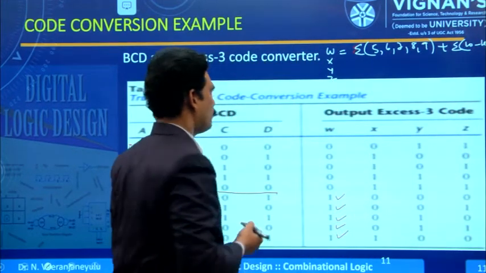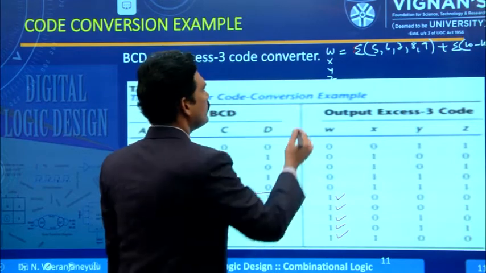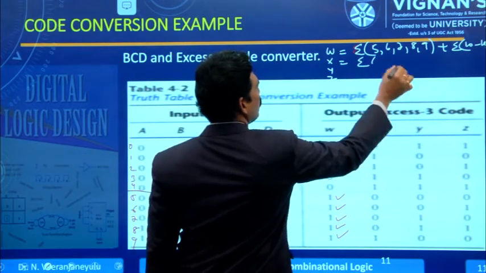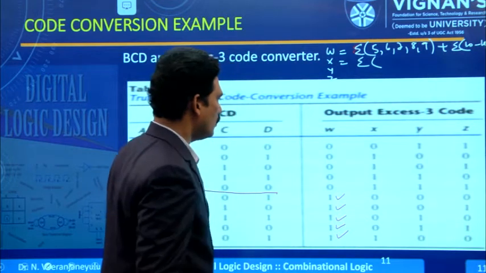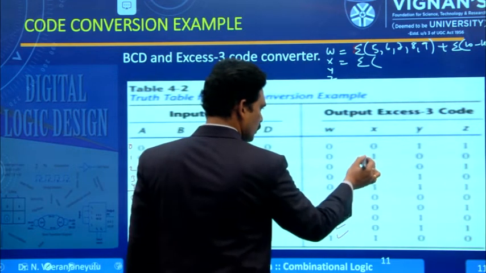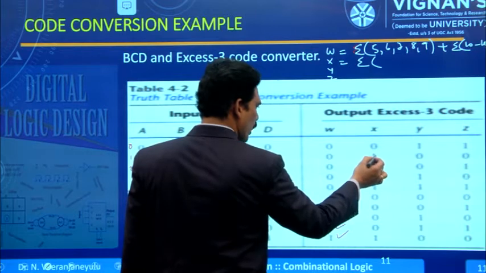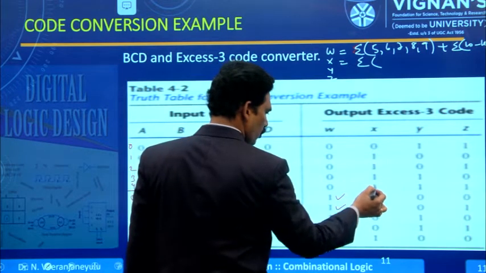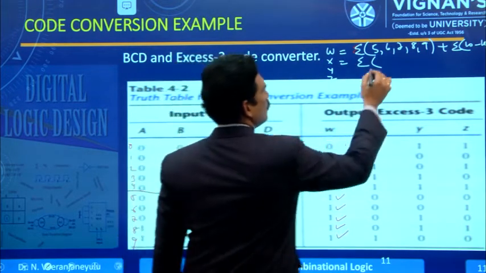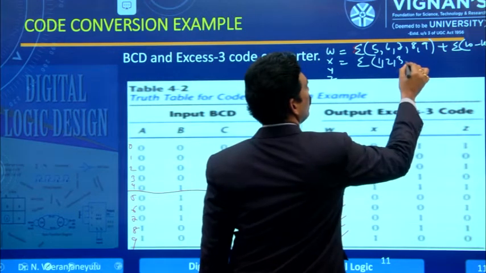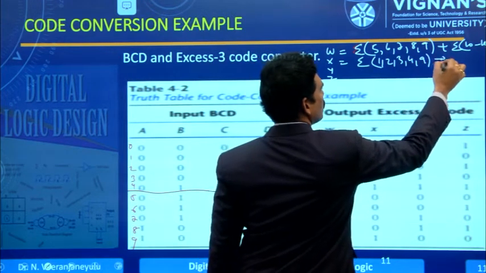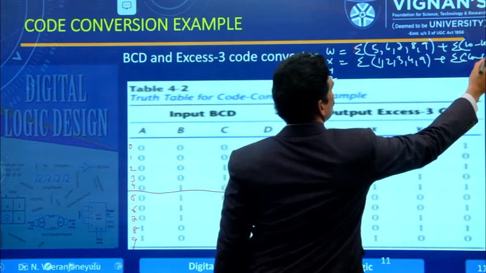Now, next one is X. What is the expression for X? X is equal to sigma 1, 2, 3, 4, 9 plus all 10 to 15.